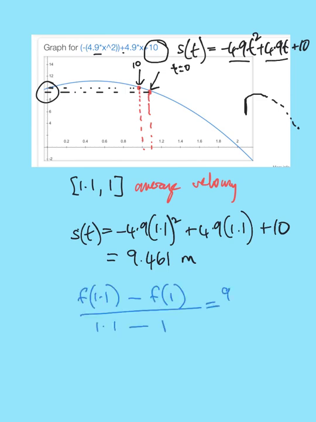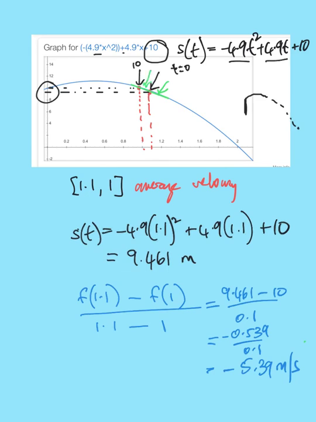So that is 9.461 minus 10 over 0.1, and that equals negative 0.539 over 0.1. This is negative, which comes to negative 5.39 meters per second. And that is the gradient of this line here, which you'll notice, because we're getting closer and closer together, is matching the curve more accurately.